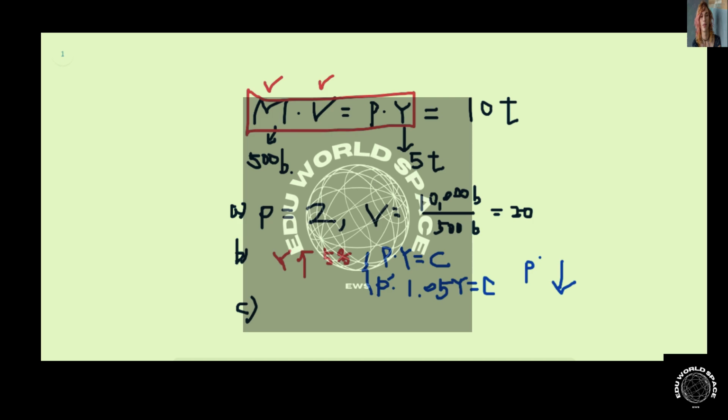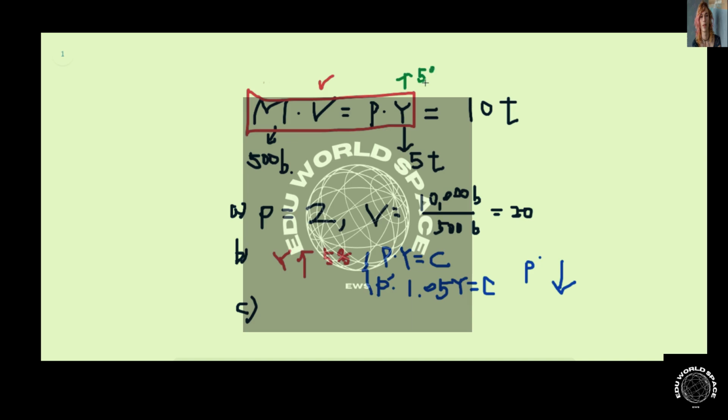So again, we still take a look at this equation, but we have to erase this constant here. Suppose now the velocity is constant. So this V doesn't change, and Y increases by 5%.